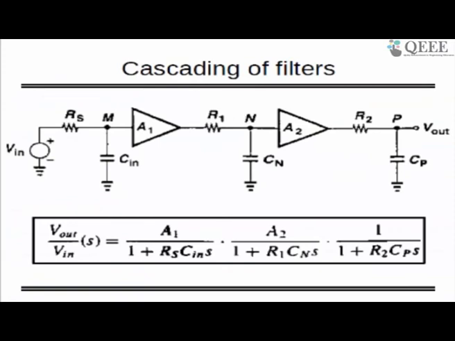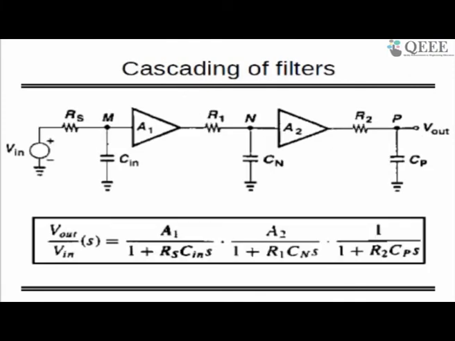But there is one more thing. I can have 3 RC circuits, all connected through amplifiers A1 and A2, whose gains are A1 and A2. The first part gives me 1 by 1 plus RCS, the transfer function we found for the 1 RC system.